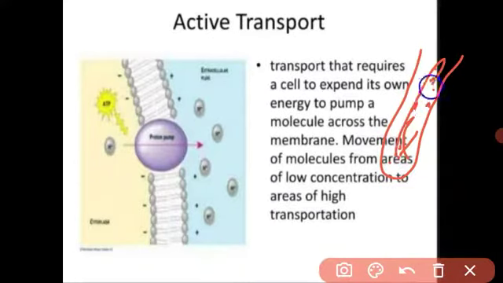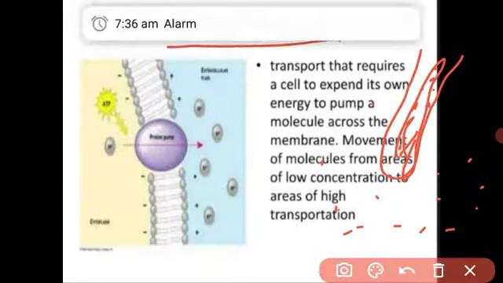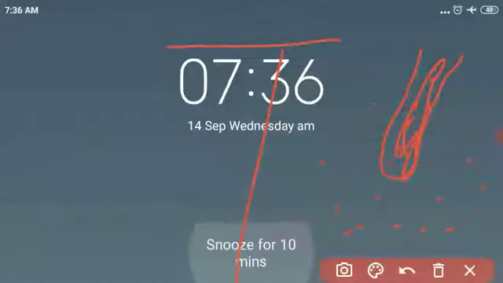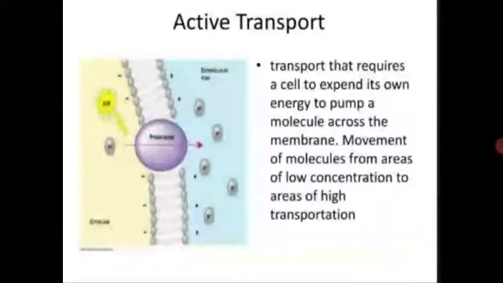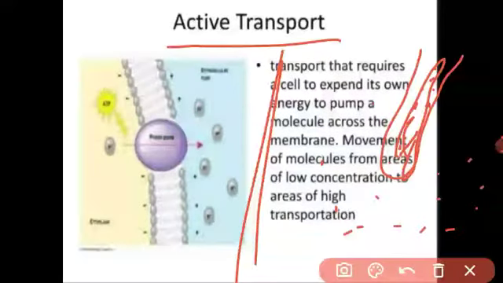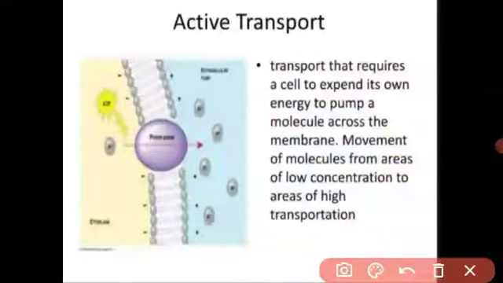There is a high concentration of minerals as compared to the soil, but the root, by the help of active transport, absorbs the minerals from the soil.